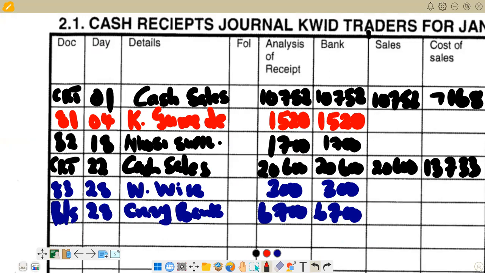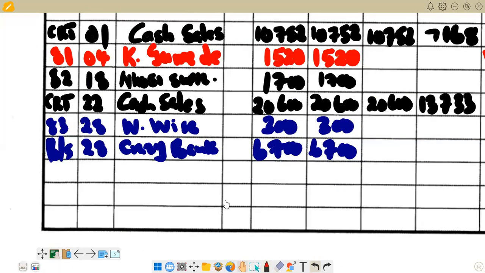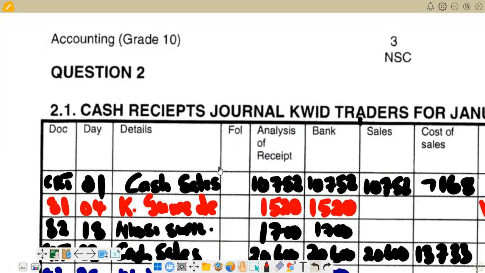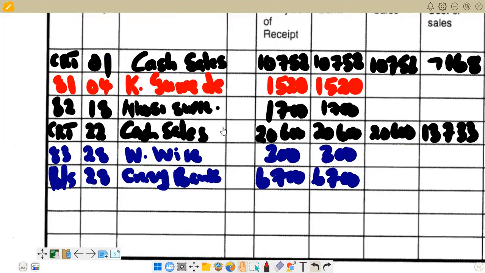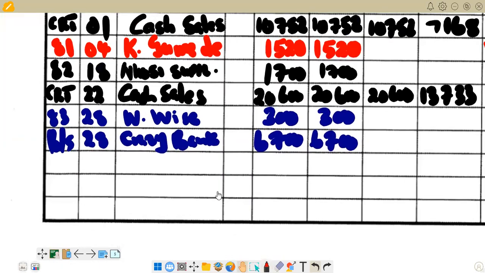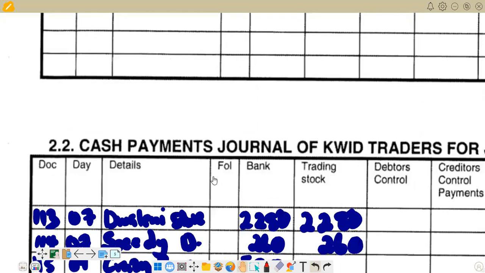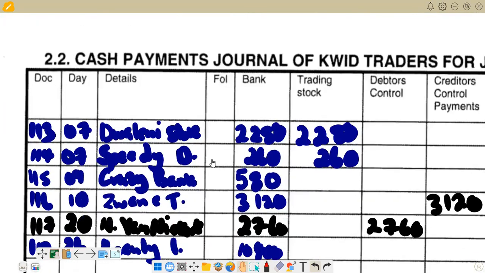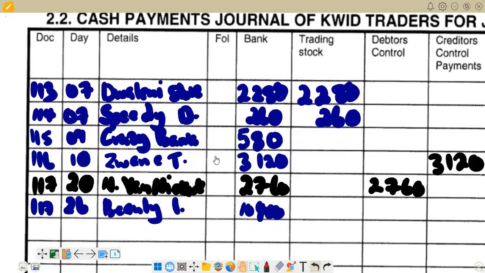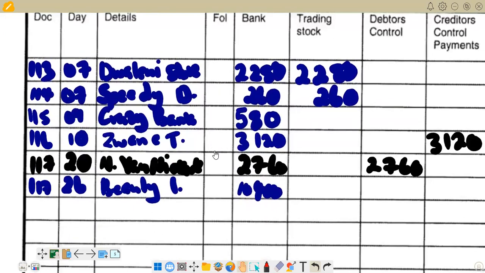This is cash receipts, so we can check what we have in terms of cash payments. So we are here now on the cash payment journal.